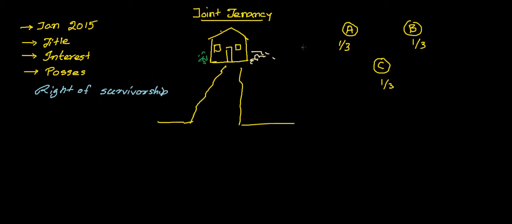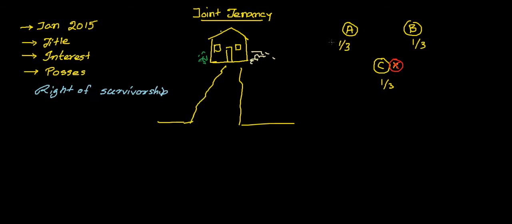Now imagine, in case, let's say, C dies. If one of them dies, let's put that in red. Typically this is a bad thing to happen, but for the sake of this video, we'll say that C dies.